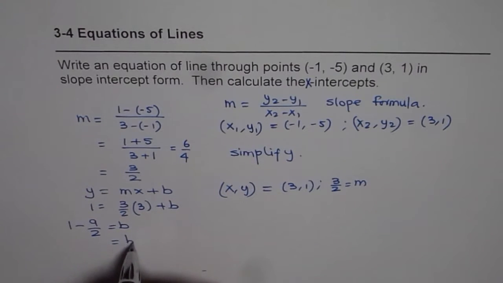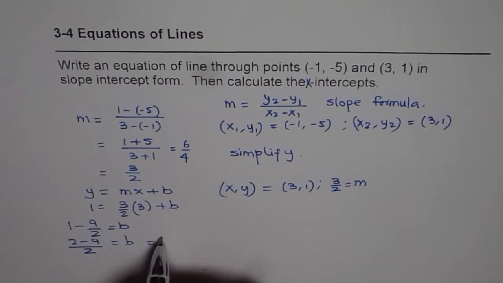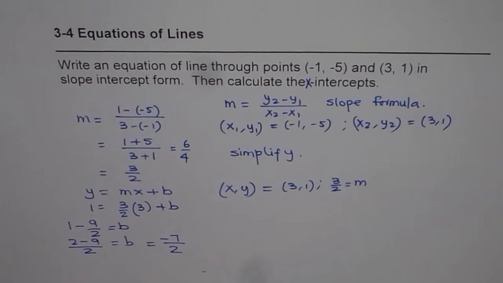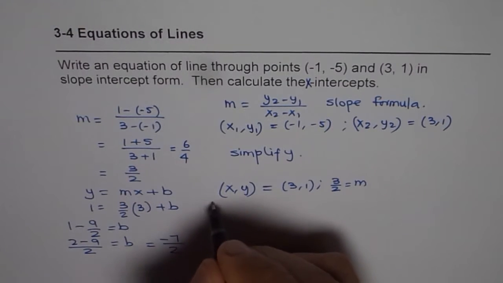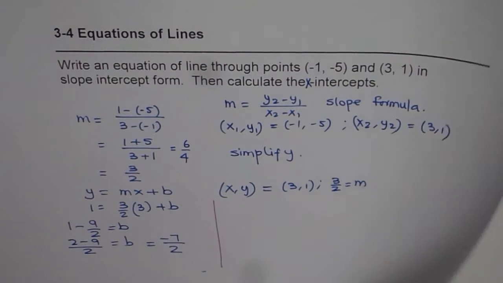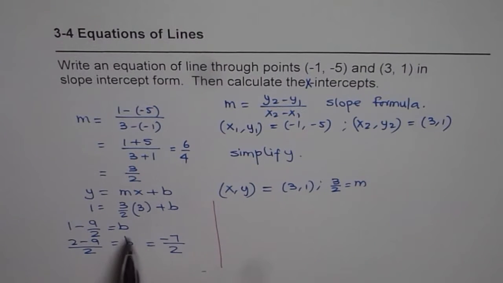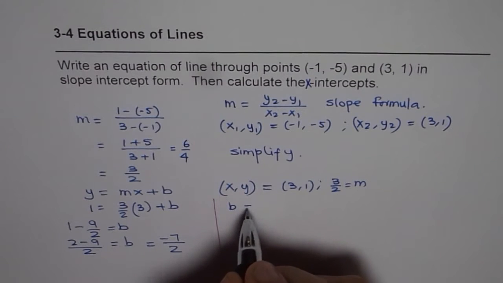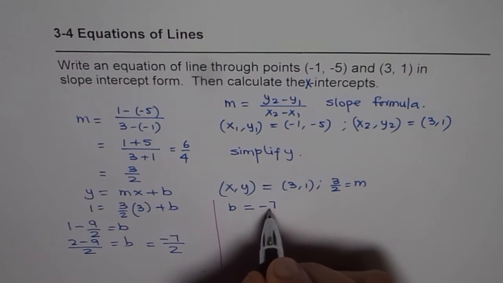And from here, we can calculate what b is, which is 2 minus 9 over 2, and that gives us a value of minus 7 over 2, right? Now I'm running out of space, so I'll use the right side of this page. Now we simplified all this, and we got the value of b as equal to minus 7 over 2.